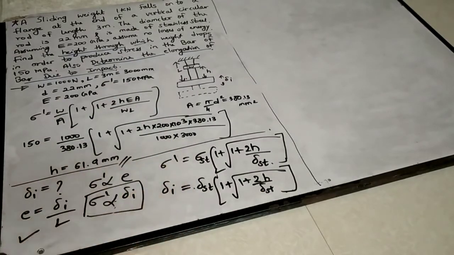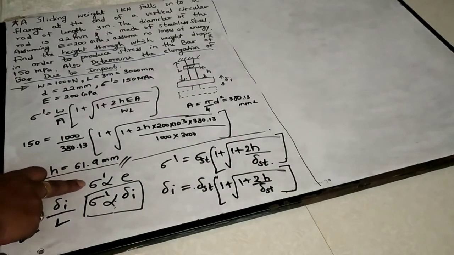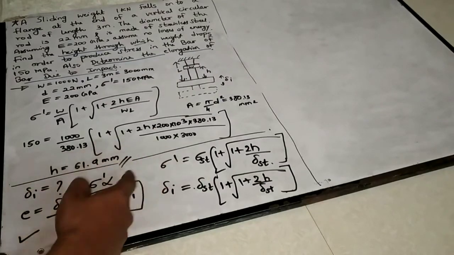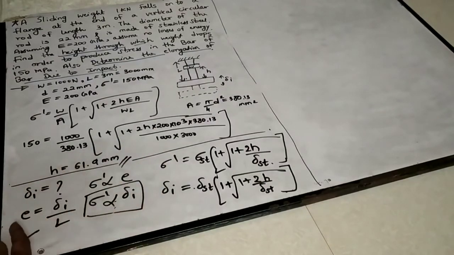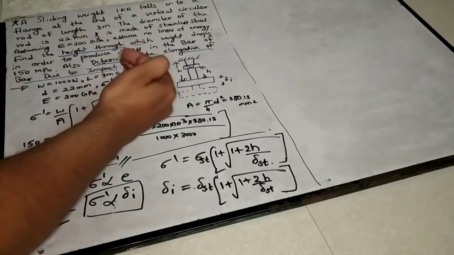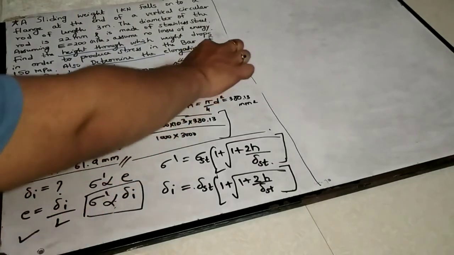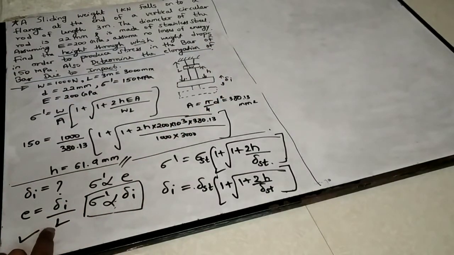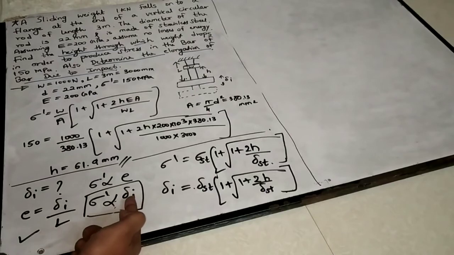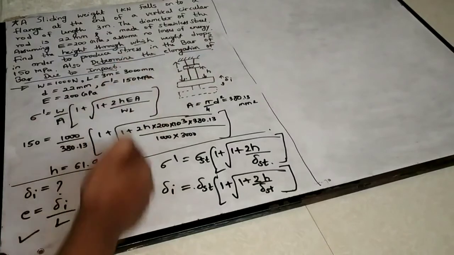So I will explain once again. Your impact stress is proportional to strain, right? What is strain? In this context, this strain is deflection or change in length upon original length, right? Now comparing this and this relation, your impact stress is proportional to instantaneous deflection, or simply deflection, what I have shown.